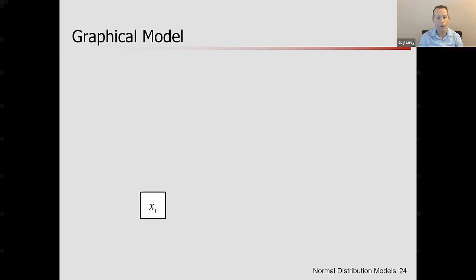Let's build a graphical model for our normal distribution model that we've just started to develop. Well, the first node in my graph is x sub i, referring to a score from a particular person or case or record i. My story is that for each of those cases or participants or records, there's an x, and that is following a normal distribution.